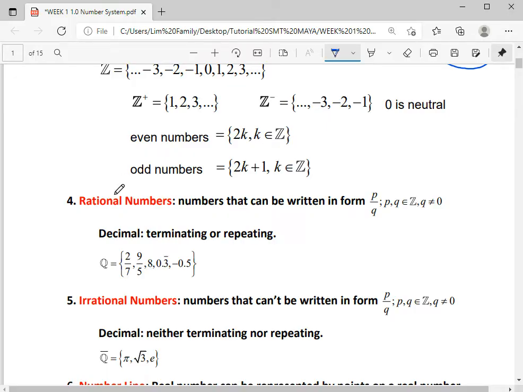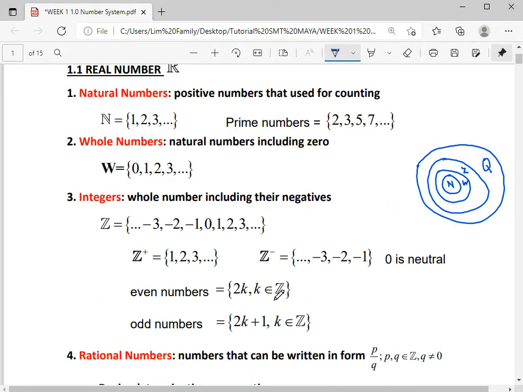But if the decimal is neither terminating nor repeating, meaning the decimal point never stops or never repeats, that kind of number is under irrational numbers. So irrational numbers are out of the group of rational.